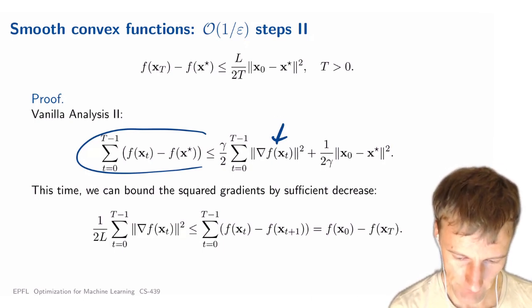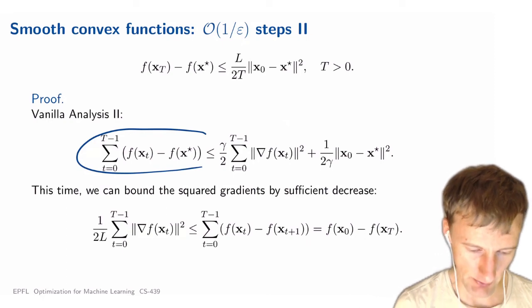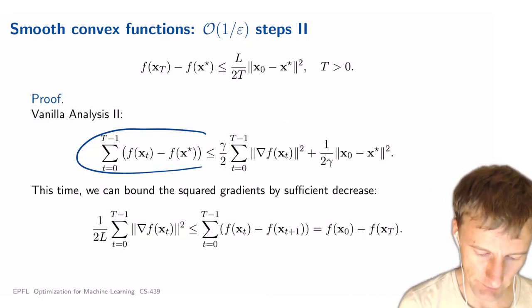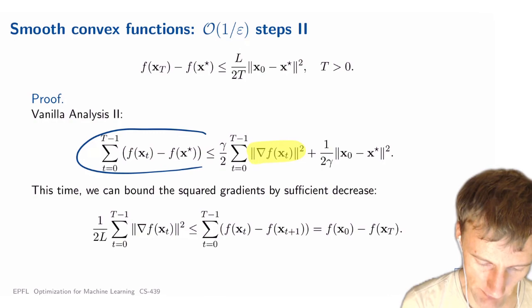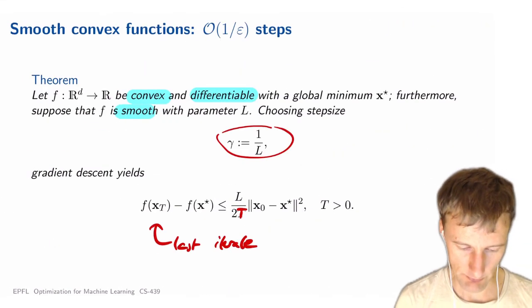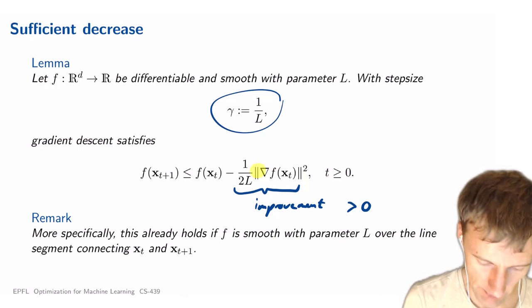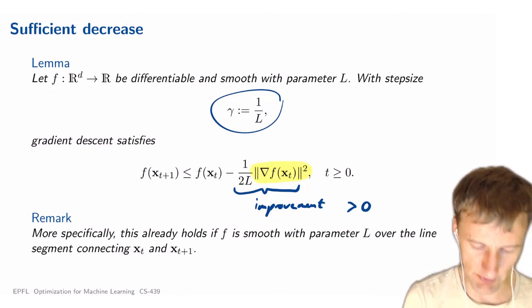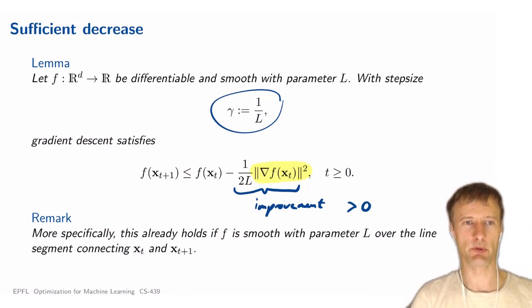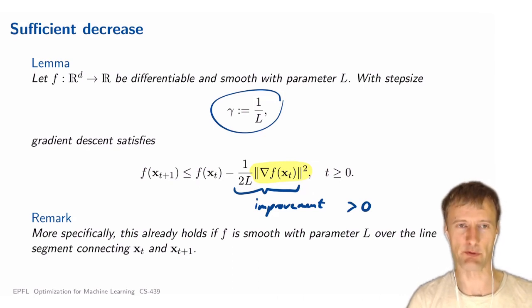Now we're going to replace the gradients by using the sufficient decrease condition. The gradient norm squared is directly related to the difference in function values. So that's what we're going to do now.